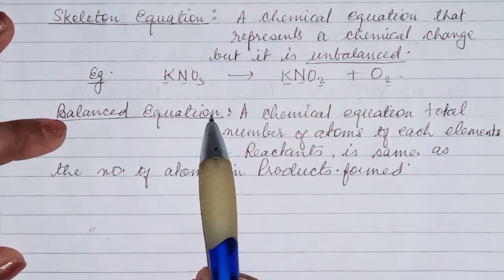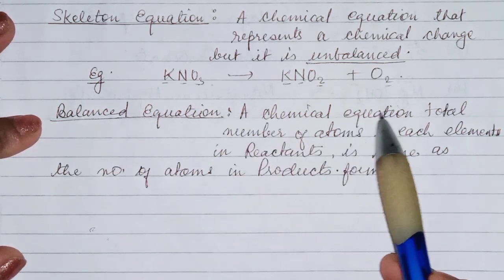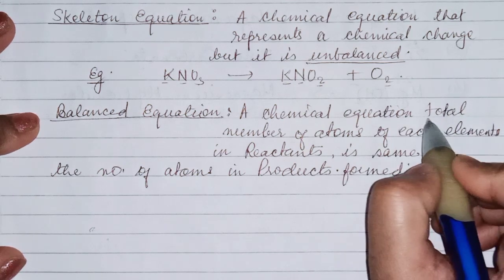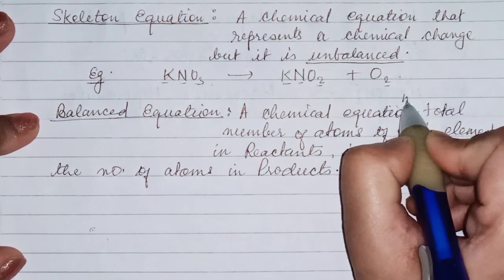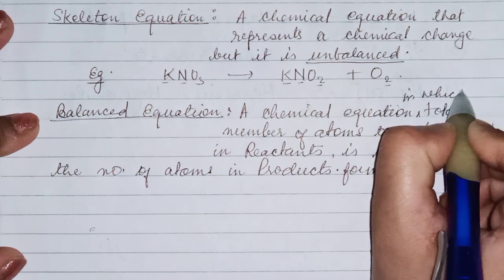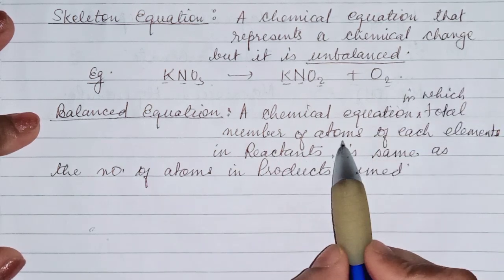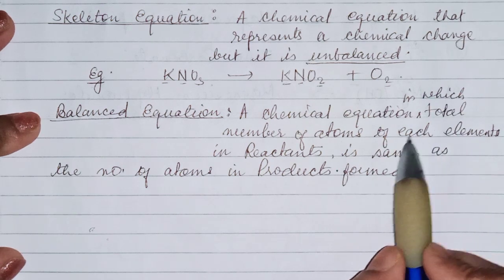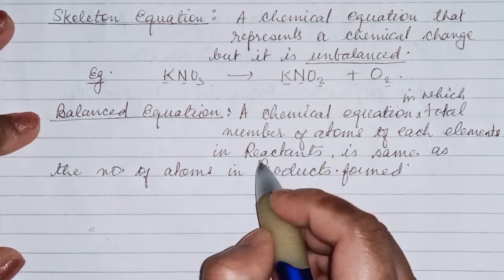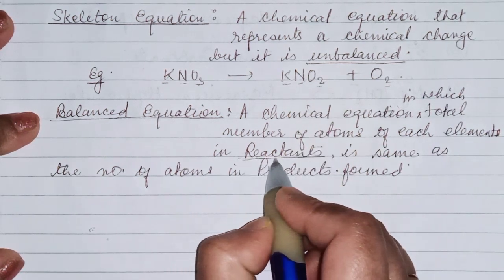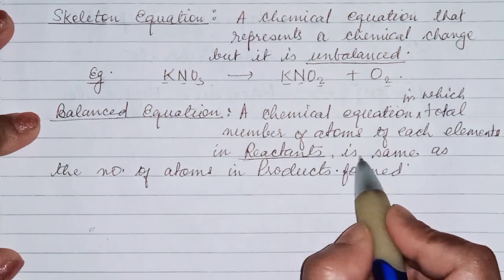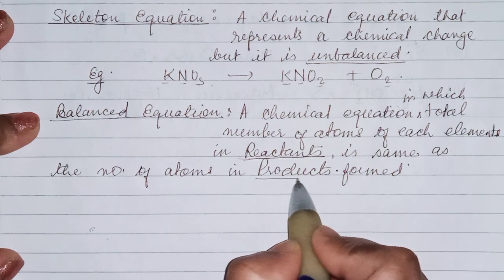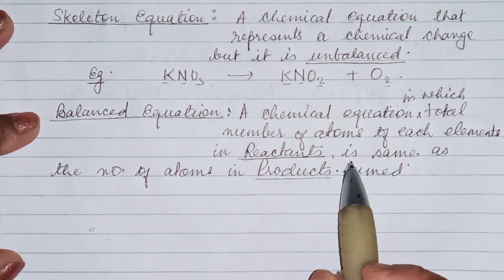See, a balanced chemical equation is a chemical equation in which the total number of atoms of each element in reactants, that means the left hand side, is the same as the number of atoms in products, that means the right hand side.